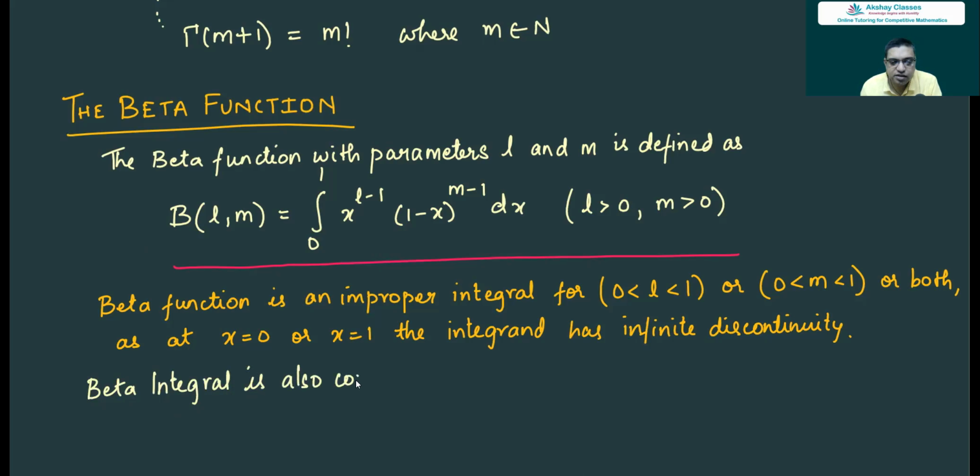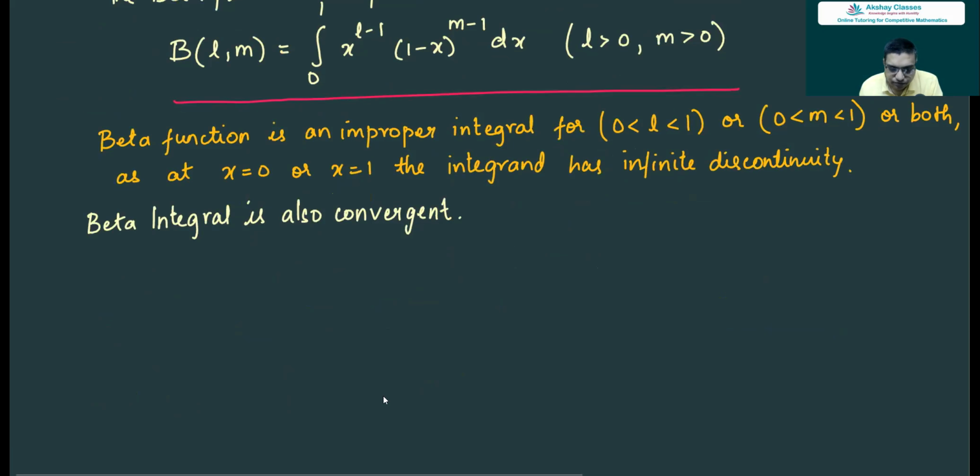Again, we will not discuss the derivations, they are there, and from the GATE point of view, we don't need them. So that means they have a finite value. So now there are properties of the beta function.